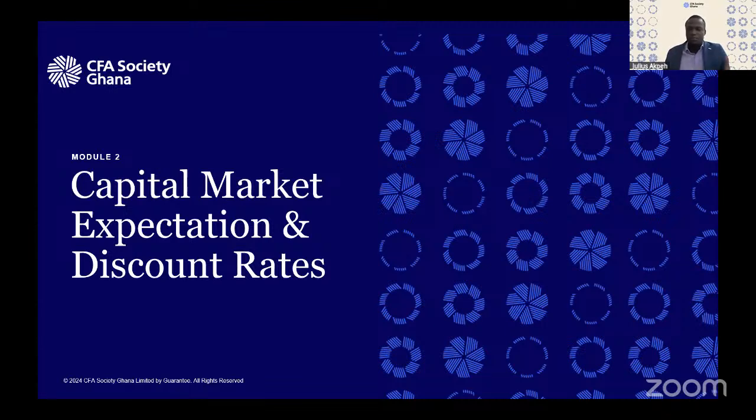For example, the value of $1 today we know is $1, but the value of $1 in a year's time, let's say, is 90 cents. If it is 90 cents in a year's time, then we can calculate the differential and express it in percentage terms, which reflects the loss in value.